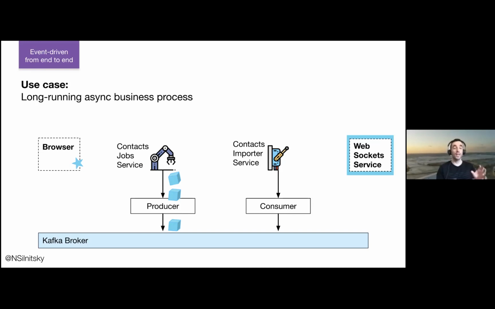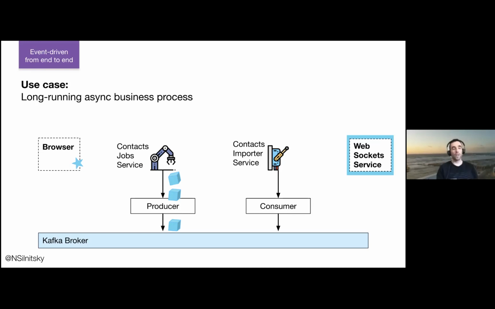Maybe they need to split up big lists of contacts into smaller jobs. And then we have the contacts importer service that will consume these requests and do the import actions themselves.